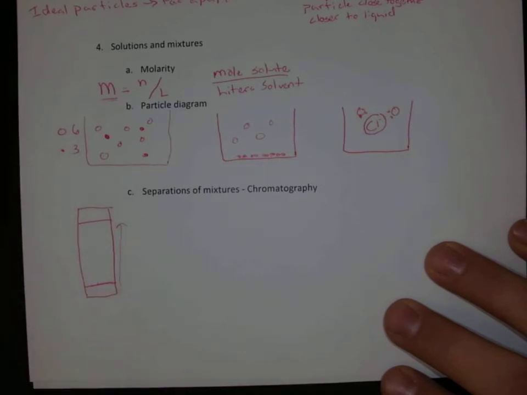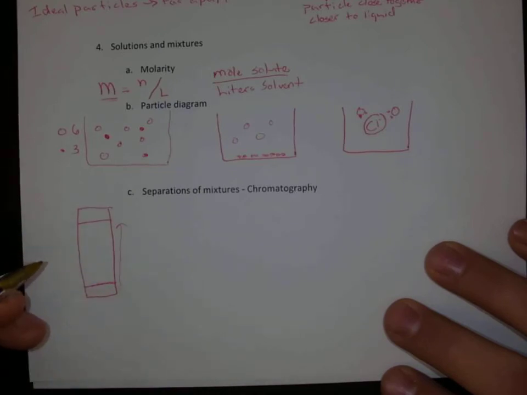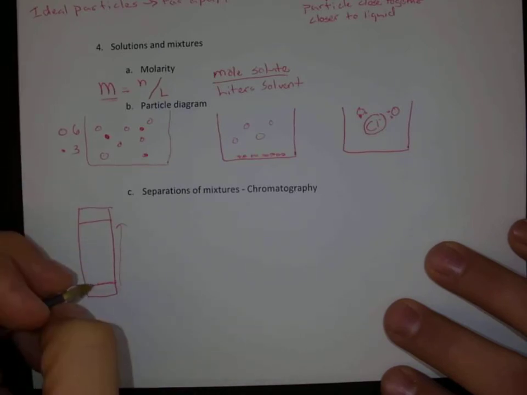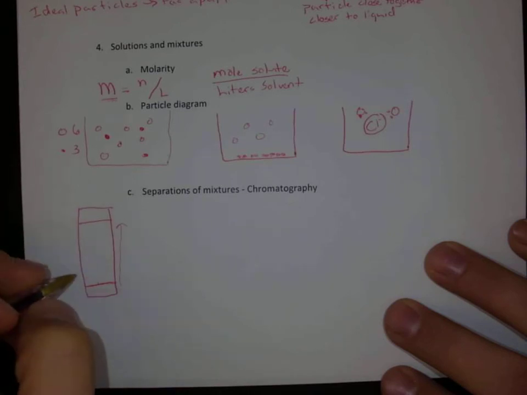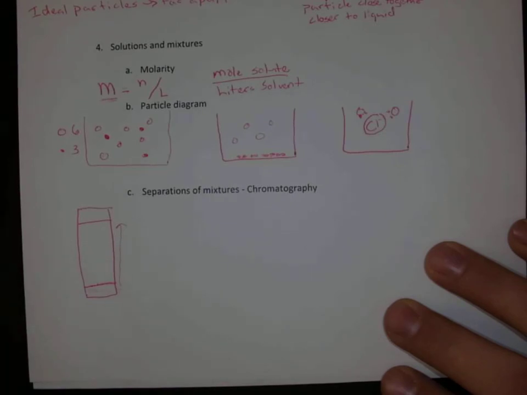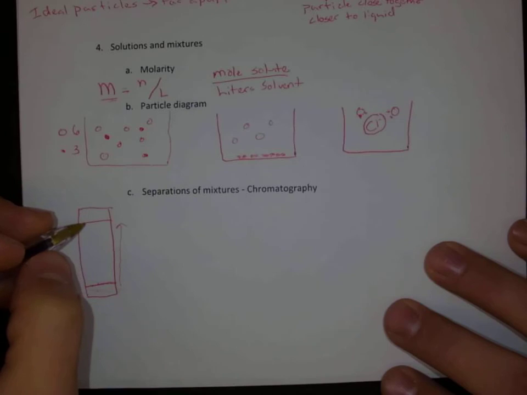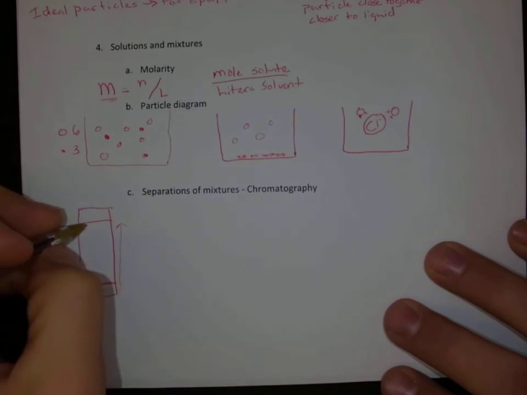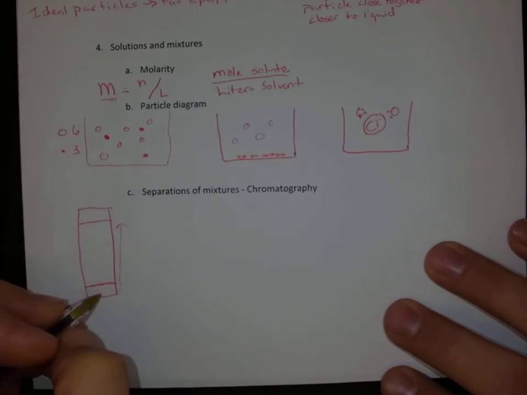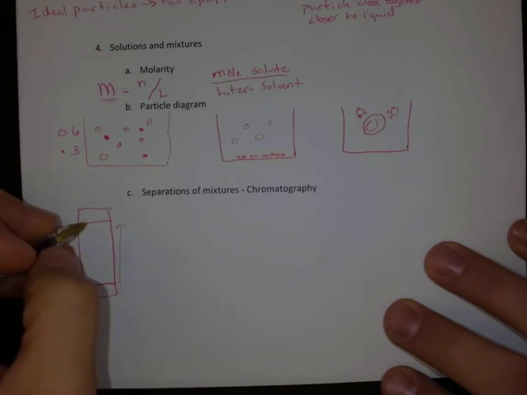Whether or not it can pull that compound depends on the intermolecular forces. So if it pulls and can't move it at all, that compound is really attracted to the paper. That would mean that it's a really polar substance. If it pulls up and goes all the way up to the top, that means it's really not attracted to the paper, and it's probably nonpolar.